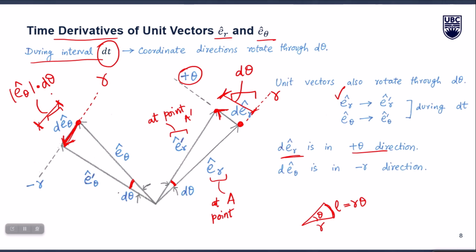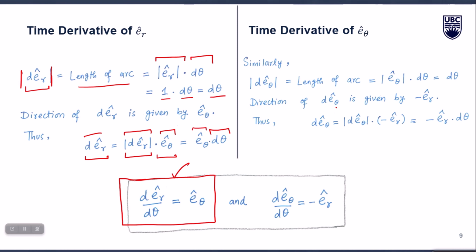However, the direction is in the minus r direction, so therefore we have simply repeated the same thing. The magnitude of dE sub theta is the length of that arc which E sub theta made by rotating an angle d theta. So we just multiplied the magnitude of E sub theta by the angle which it rotates. This gives us 1 times d theta and this will simply become d theta, right?